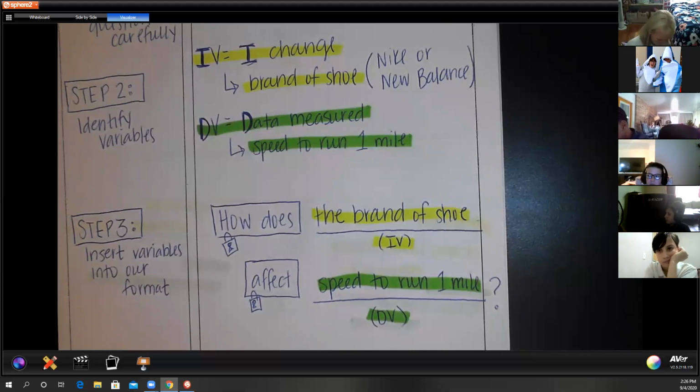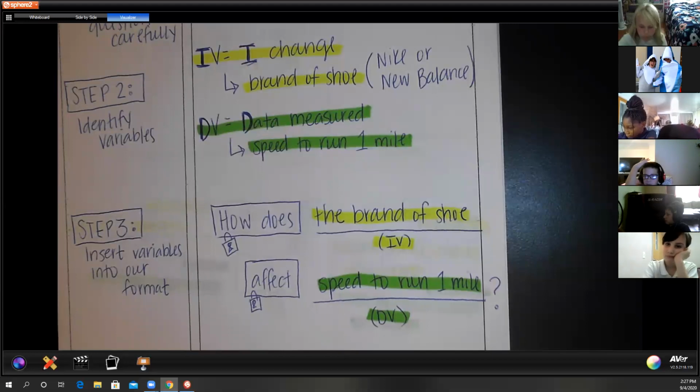Let's think about it like this. If I said how do my shoes affect my running? I could be talking about the brand of shoe, the shape of the shoe, the weight of the shoe, the size of the shoe. Do you see all the different things I could change? And when I say about my running, are we talking about how far I run?